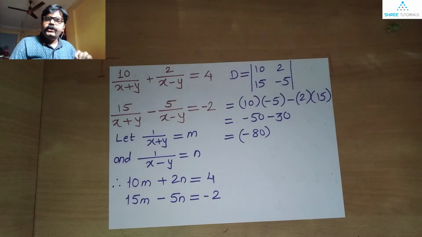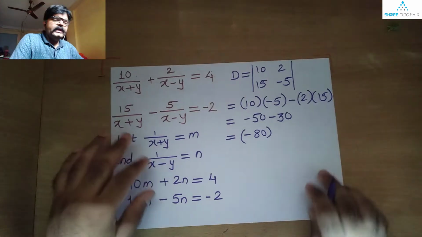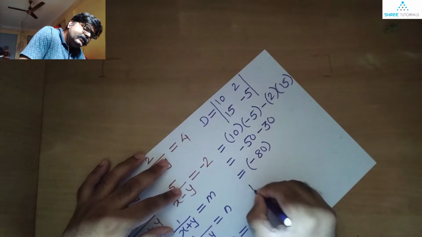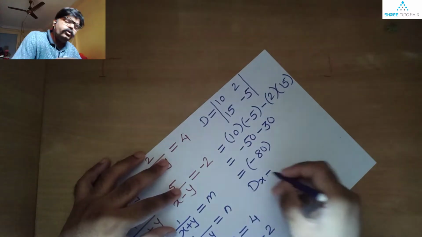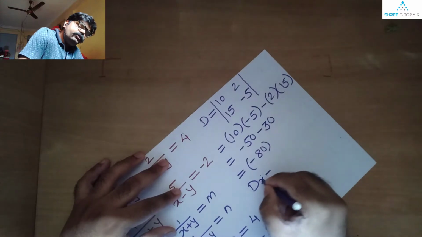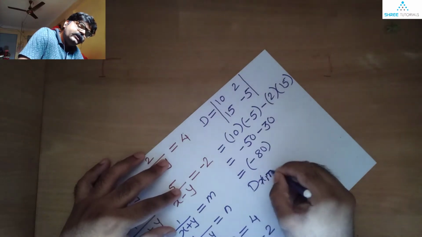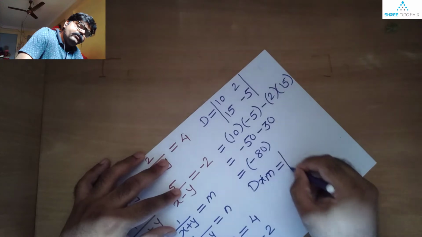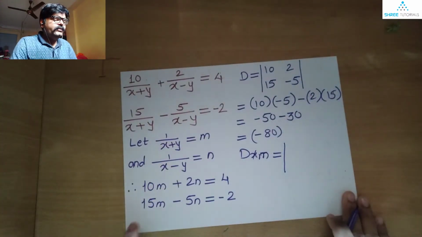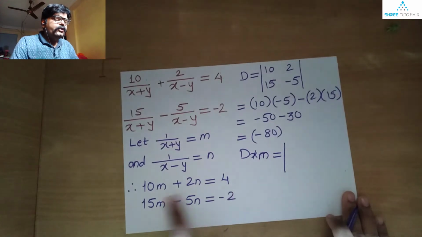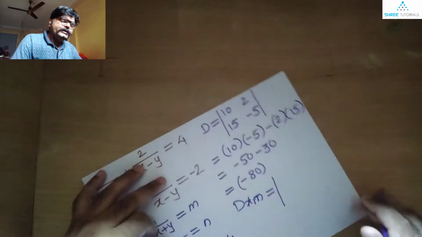Similarly, we are going to calculate dx and dy as well. Well, dx is no more over here, therefore we are going to call it not dx, it is going to be dm. Therefore in place of dm we are going to write 4, 2 and minus 2, minus 5.